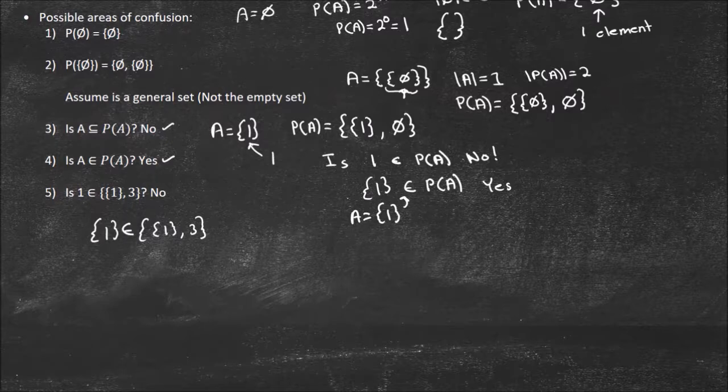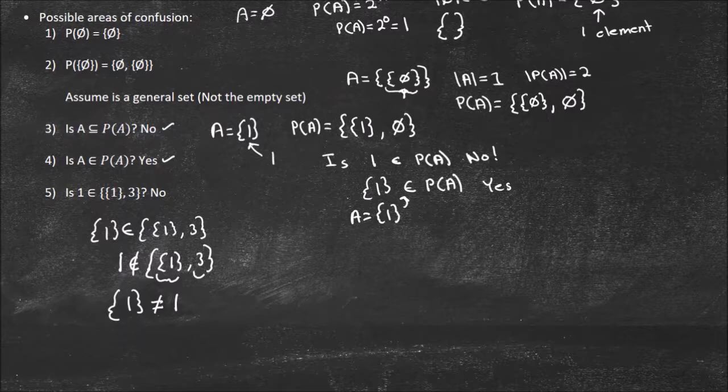The set containing 1 is an element of that, but 1 is not an element of that set, because one of my elements isn't just the number 1. One of my elements is the set containing 1, and my other element is the number 3. The set containing 1 is not equivalent to the number 1. They're two different things, and that's what it comes down to. That's why number 3 is no, and number 5 is also no. It's the same reasoning there. So those are the tricks.